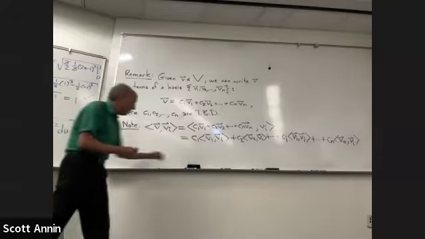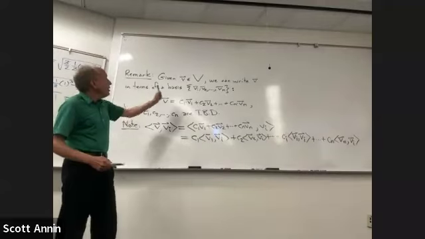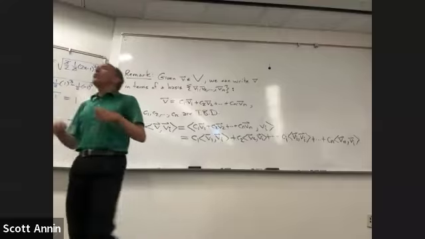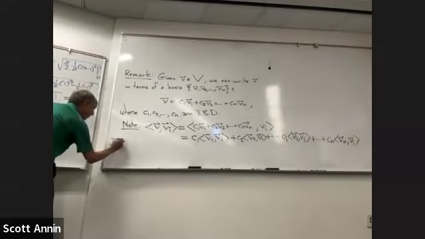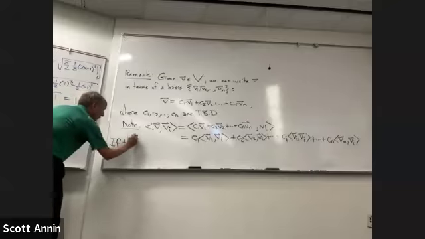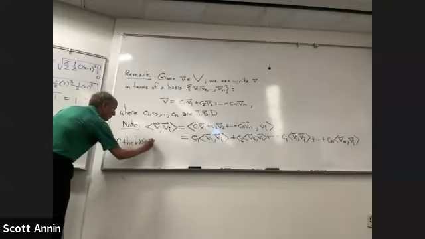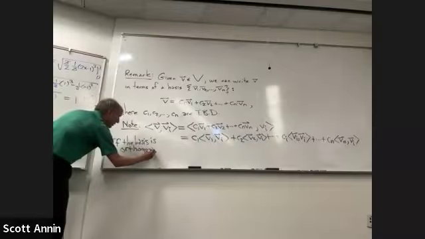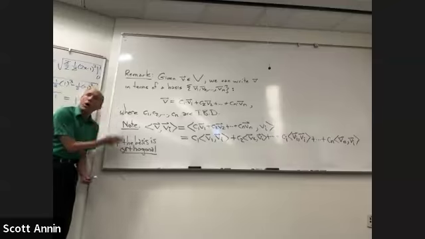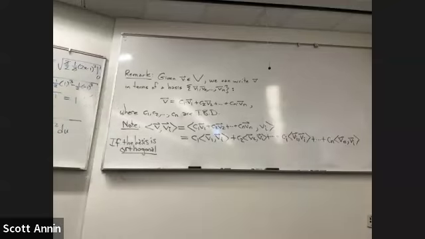But if this basis was an orthogonal basis, so if the basis is orthogonal, I'm trying to sell you guys on why I want to have an orthogonal basis rather than just any old random basis.